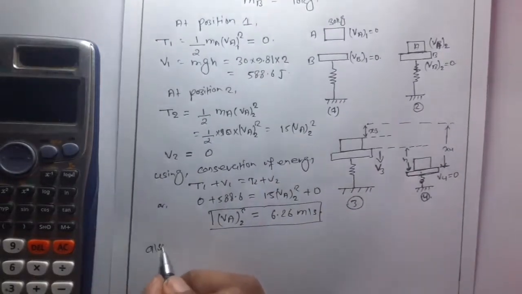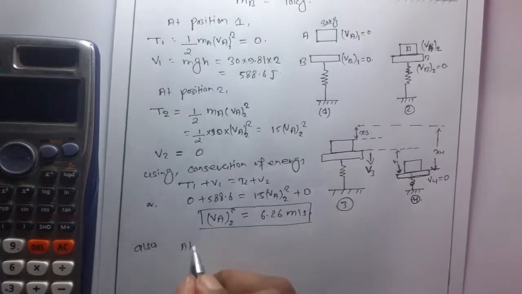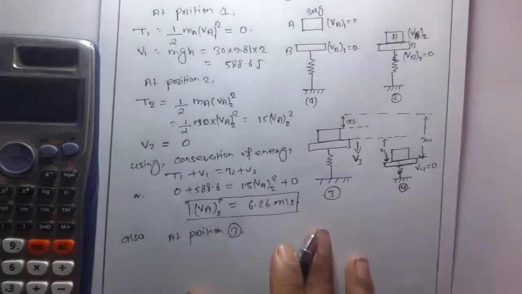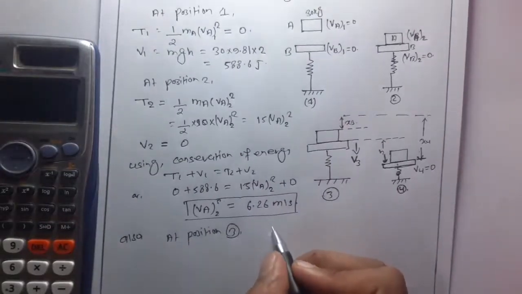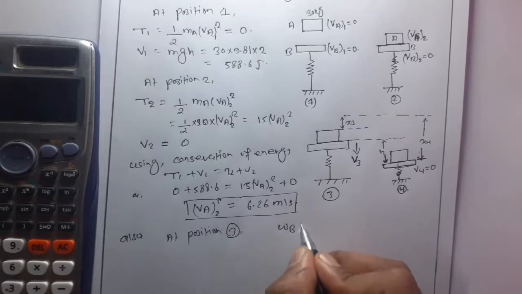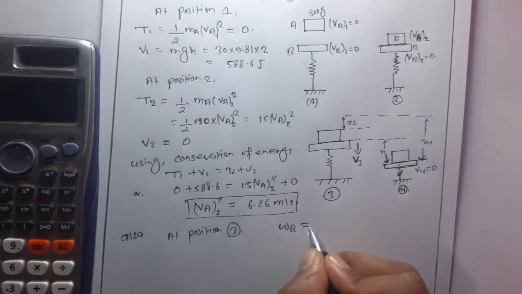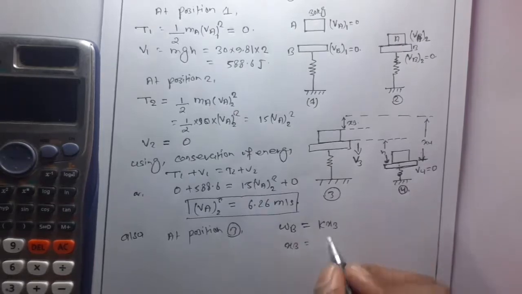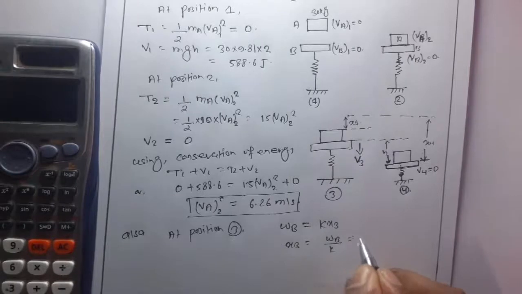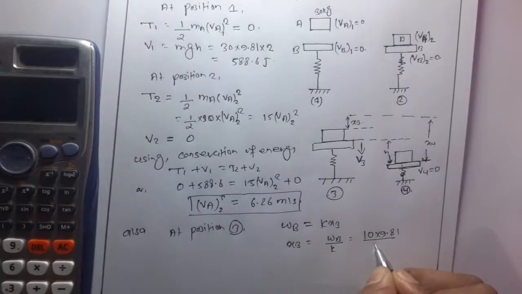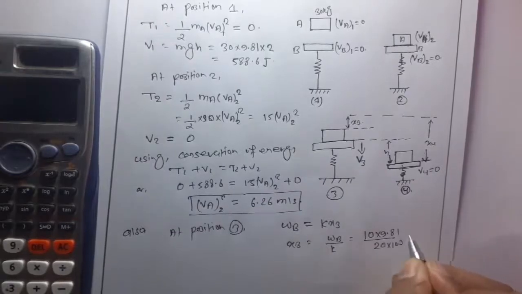Now at position 3, since the impact is perfectly plastic, that means WB is equal to kx3. So x3 is equal to WB upon k, and WB is 10 into 9.81 upon k, which is 20 into 10 to the power 3.